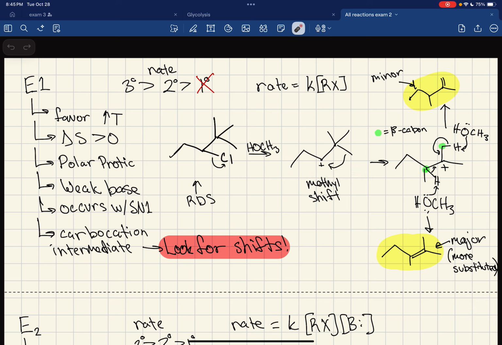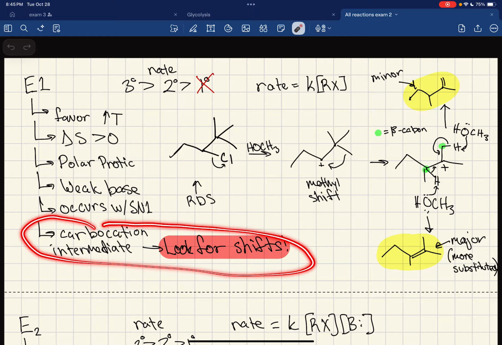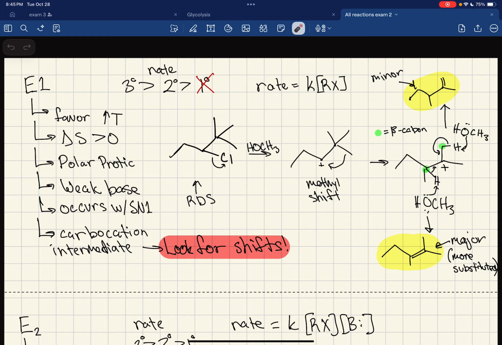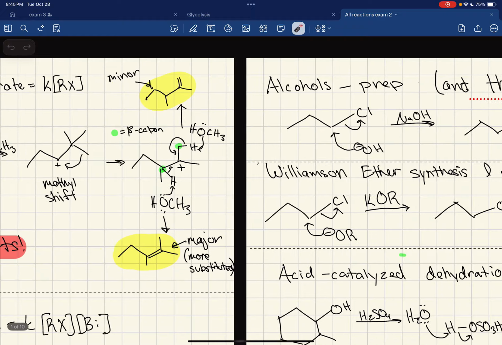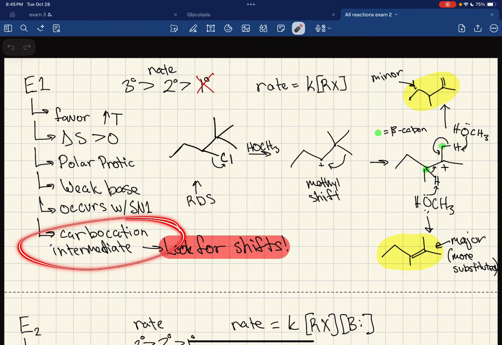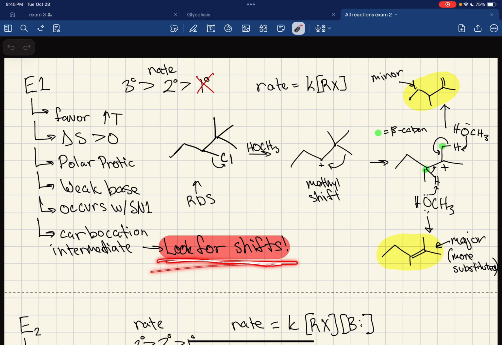Something essential that a lot of you guys also missed with the recitation sheet is that every time there's a carbocation intermediate, regardless of whether it's an elimination reaction, E1, SN1, or any other type of reaction like addition, check for methyl shifts and hydride shifts, because anytime there's a carbocation intermediate, it can happen. So every single time, look for that.